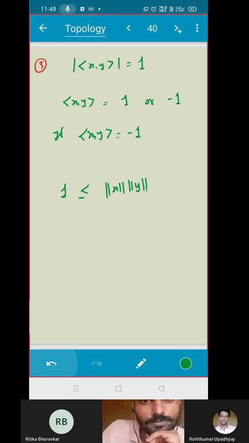Yes, sir. Is this true if any one of them is greater than 1? Because you know about norm is always positive, correct? Is this true if you prove any one of them is greater than 1? Yes?